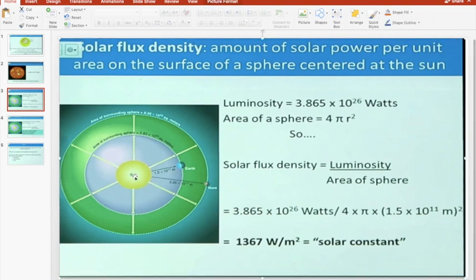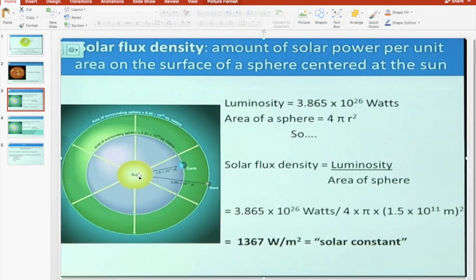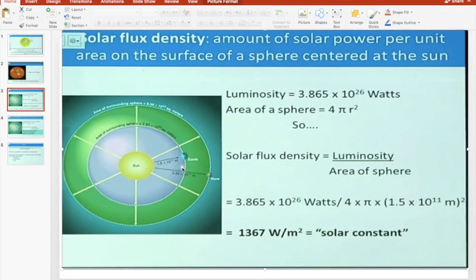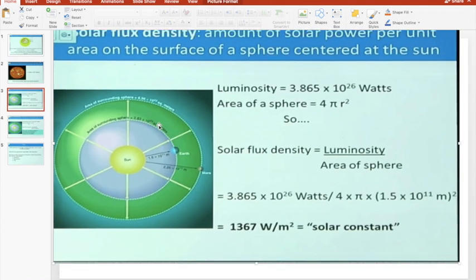This is our sun, and here we can see our earth, 150 million kilometers away. Now let's assume a sphere around the sun with a radius of 150 million kilometers. Actually we are in a plane, we don't have a sphere like this, but let's imagine we have a sphere.